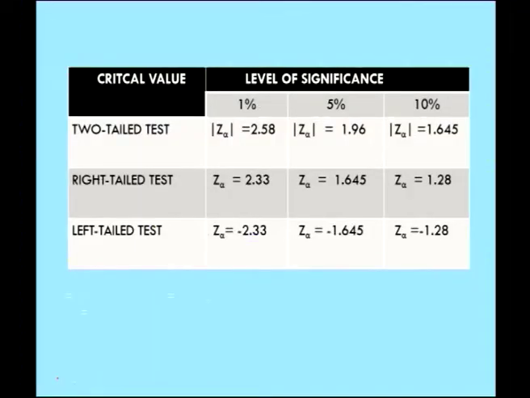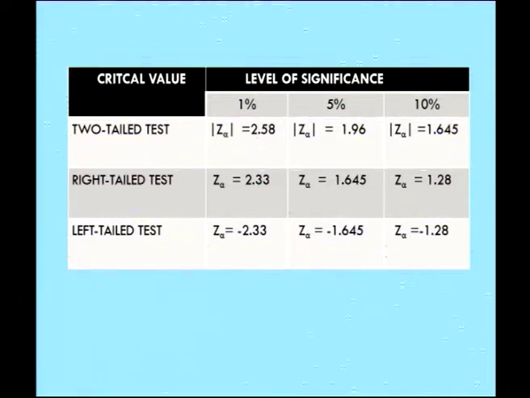So, these are the critical values of level of significance and the corresponding Z alphas. For the critical value, Z alpha is 2.58; this is the tabulated value of Z at 1% level of significance. These are the standard values for the normal distribution for the large sample test.